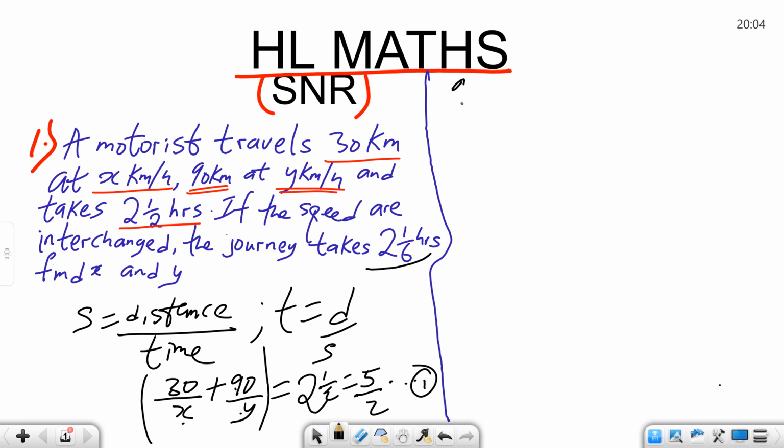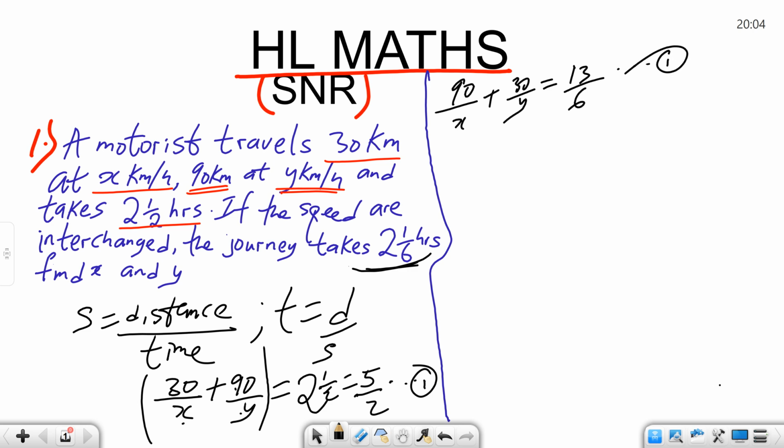So we're going to have 90 over x, that's distance over speed, plus 30 over y, equals, if the speeds are interchanged, the journey takes 2 and 1 over 6 hours, and that gives 13 over 6.